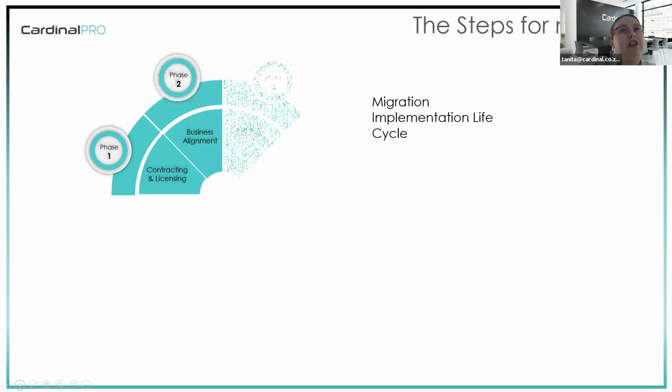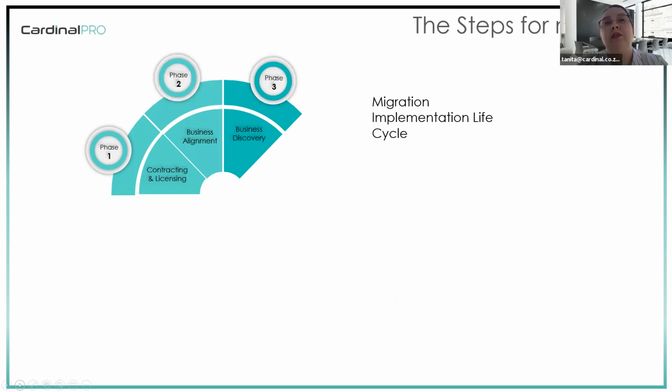Phase 2 and phase 3 talk about business alignment and business discovery. These are two of the most important phases within any implementation project, but specifically for migration. We're constantly cognizant of the fact that this is a system change, and the system change does have a big impact on your business.